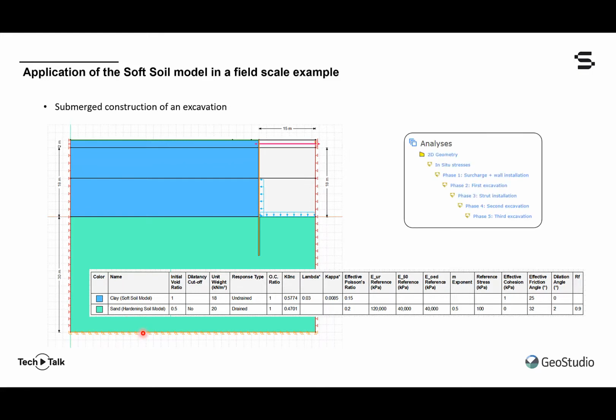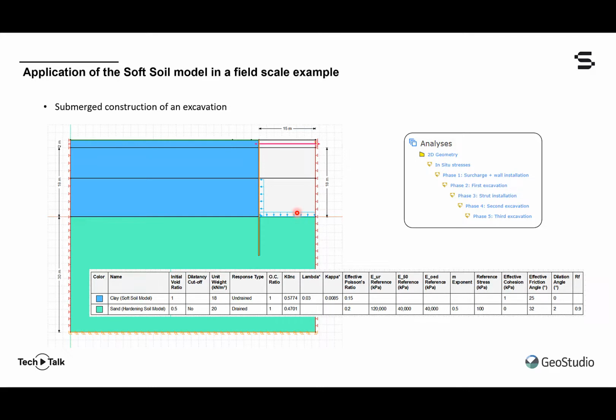And here is the analysis tree that you'll see in the project file, in which we have our in situ stresses activated via the K0 procedure. Then we have 5 additional phases involving, in this case, a surcharge load at the ground surface, then the first excavation, then the activation of the strut, then the second excavation, this region right here, followed by the third excavation.